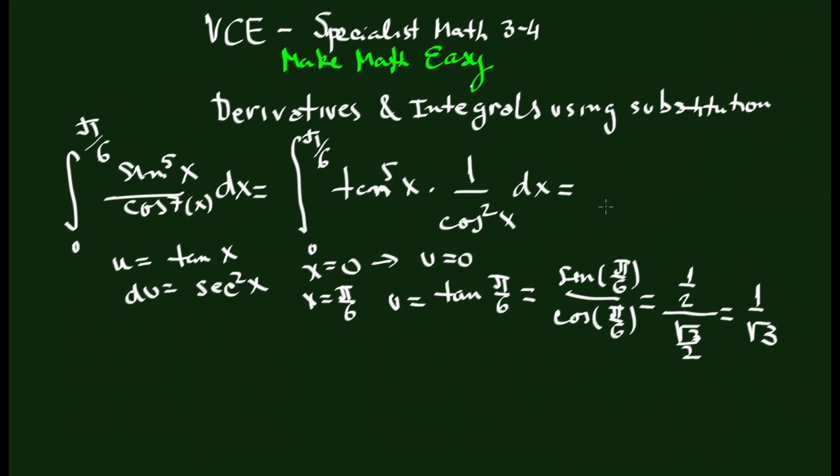So our integral becomes from 0 to 1 over square root of 3 of u to the power of 5 times du.